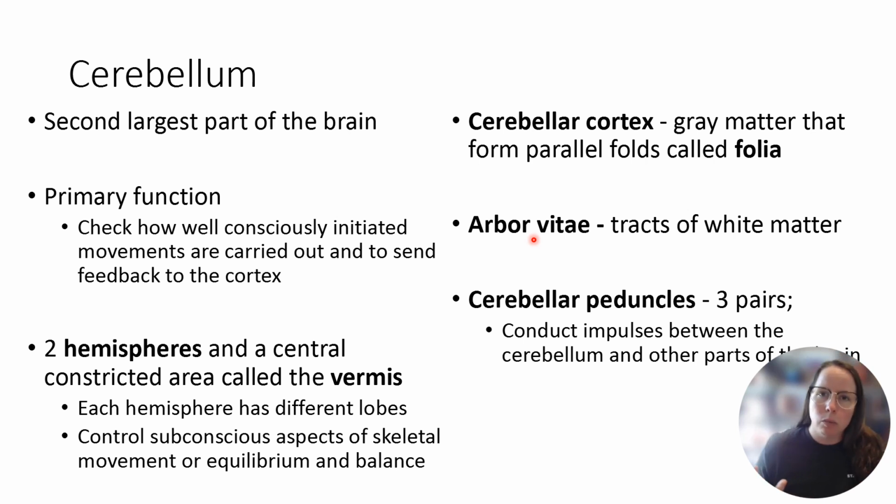Now, just like your cerebrum, it's going to have two hemispheres, and it has several different lobes as well. We're not going to talk about the lobes in lecture, but we are going to look at them in lab. So we have an anterior lobe and a posterior lobe that are separated by this huge fissure. And then we also have in the middle something called the vermis, okay?